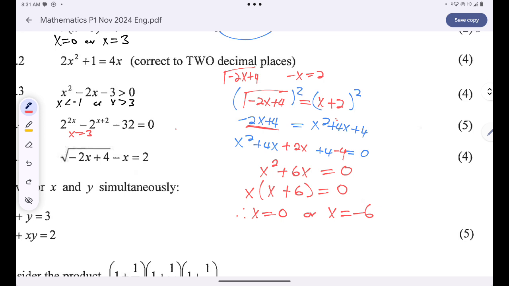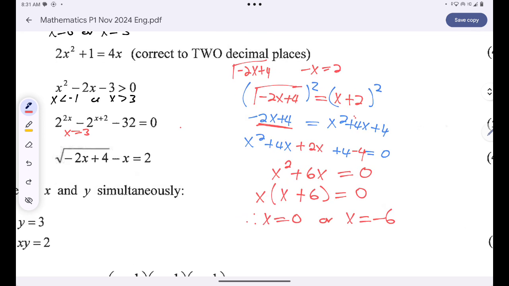But if the left-hand side is not equal to the right-hand side, that solution is not valid. Né? Whenever I substitute 0, I know that the left-hand side will be equal to the right-hand side. So x is equal to 0 only. Because whenever I substitute -6, the left-hand side will not be equal to the right-hand side. So the answer is just 0.